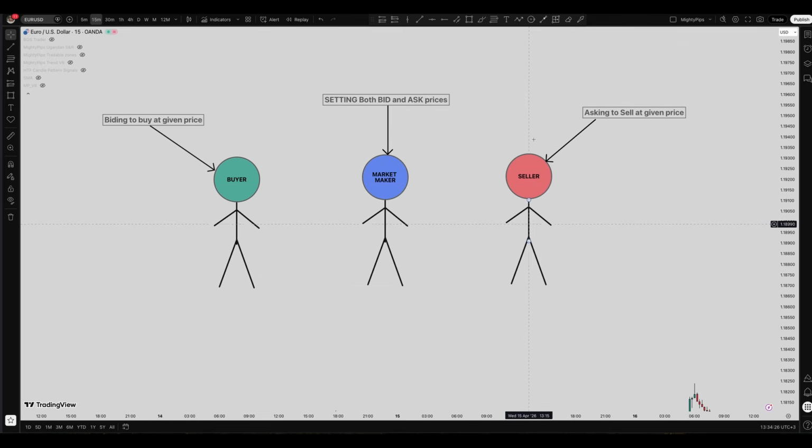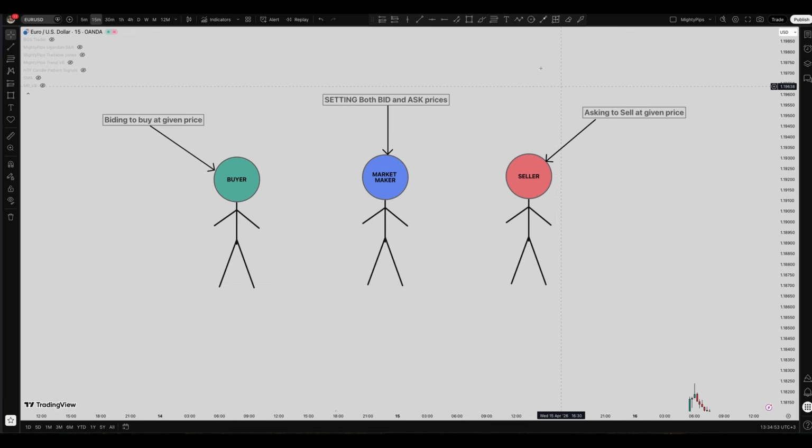So he reduces the price on the side of the sellers and also on the side of the buyers. That will attract more buyers within the market for that period than sellers, and therefore the price will start going up, it will start rallying. So that is how they manipulate the market, by just changing how they are offering prices to buyers and sellers.